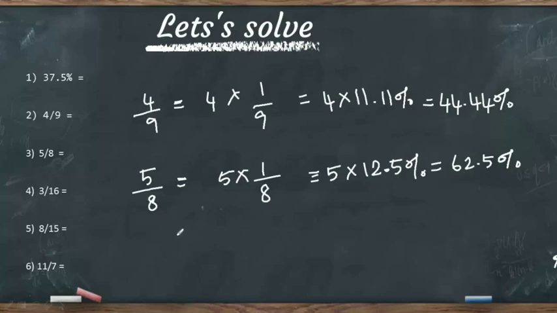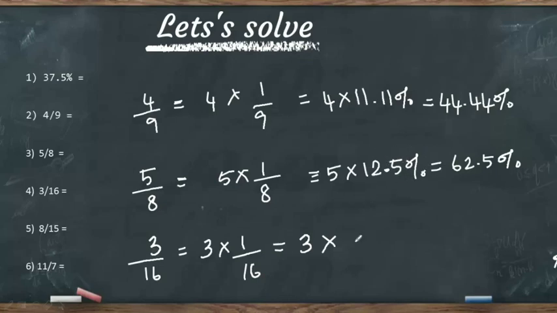And what about 3 by 16? Here also you can split the 3 by 16 as 3 times of 1 by 16. We do know the value of 1 by 8, which is 12.5. 1 by 16 is nothing but half of 12.5.